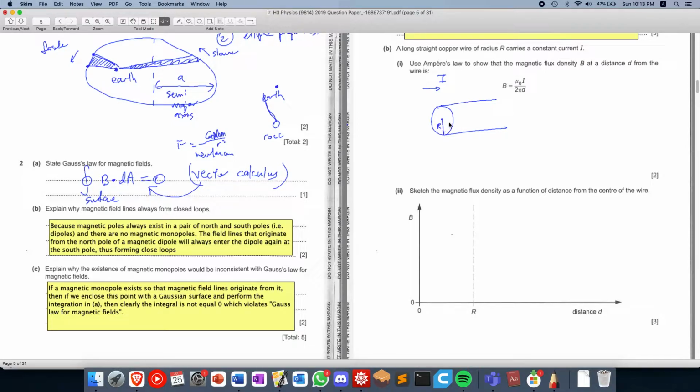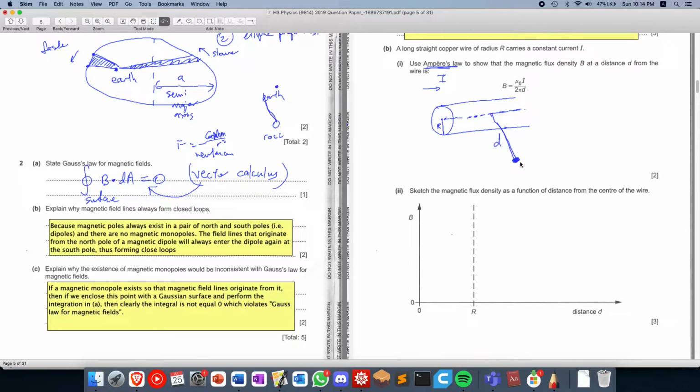So you want to use Ampere's law to show the magnetic flux density at distance d. This cylinder is going to have a line through the center, and distance d away, you want to measure the magnetic field strength.